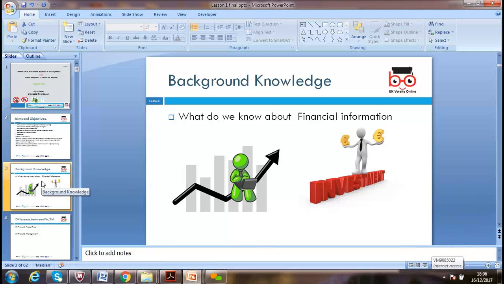So where can we get the information? What are the sources of information? If you want to know whether a company is in a sound financial position, where can you get the information from?